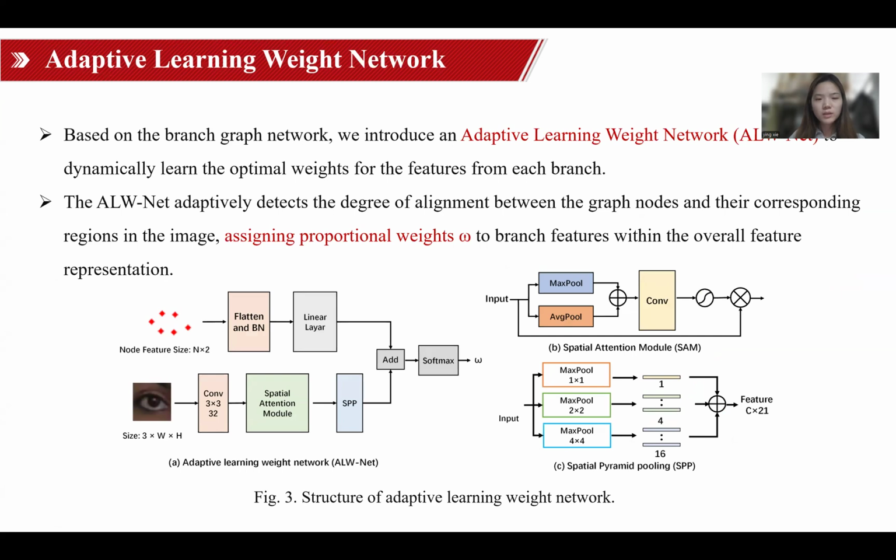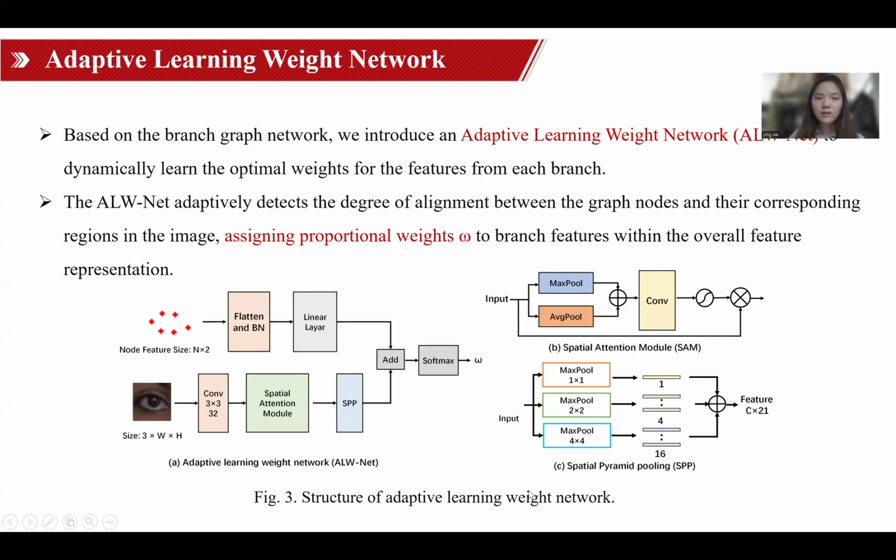The accuracy of landmarks detected by the DLIB algorithm is significantly reduced in occluded regions. The integration of these less accurate landmarks with other precise features can reduce the reliability of the final detection result and cause contradictions with other features, negatively impacting the model learning process. Therefore, based on the branch graph network, we introduce an ALWNet to dynamically learn the optimal weights for the features from each branch.